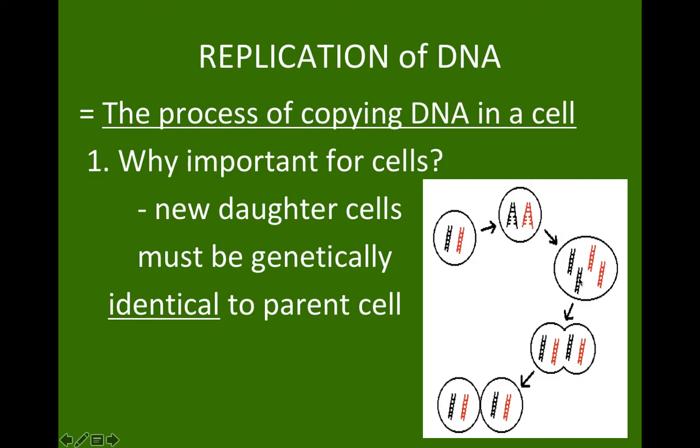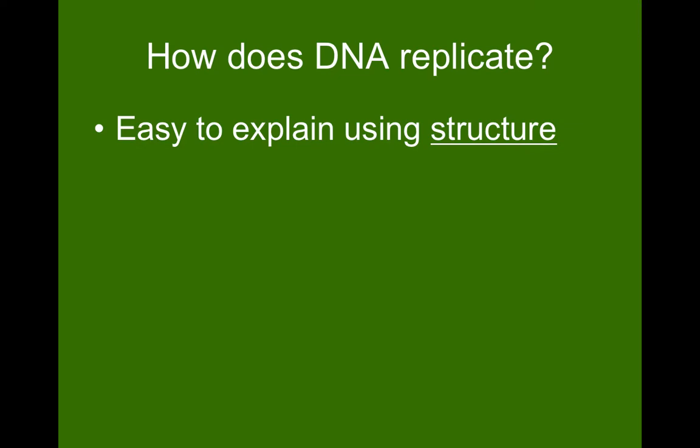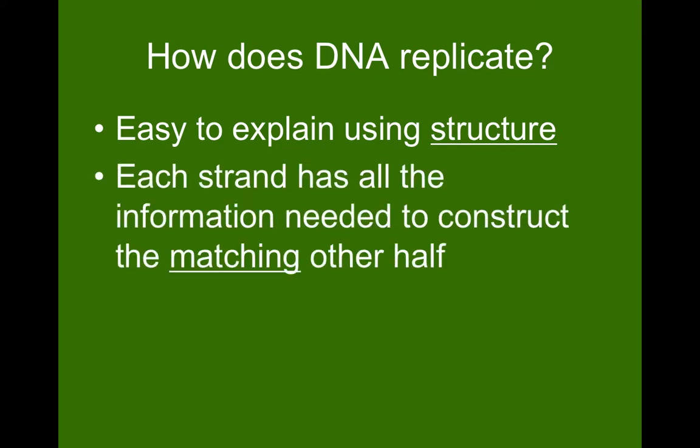Now that we understand the structure of DNA, we can look at how it replicates, because the structure is what uniquely allows it to replicate. Each of the strands, so each side of the DNA, has all of the information that we need in order to construct the other half.